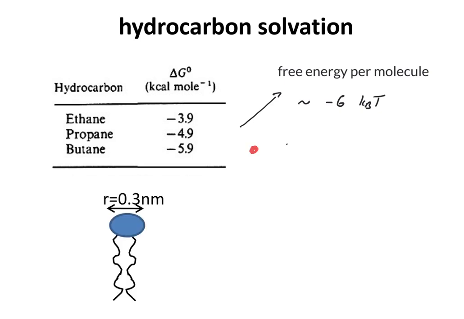So here is a sketch of a lipid I drew up, where the size of the head group is on the order of 0.3 nanometers, and the length of these fatty acid side chains is typically between 3 and 5 nanometers.